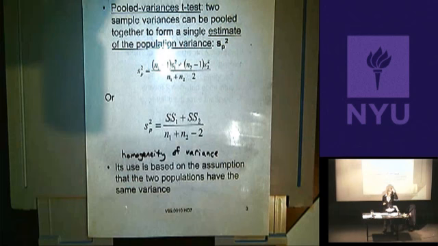Now, the rule that we're going to use for this class, that you're going to use on exams and things like that, mostly, is that if one variance is no more than twice as large as the other variance, then we say we have homogeneity of variance. Okay? Everybody got that? Right?